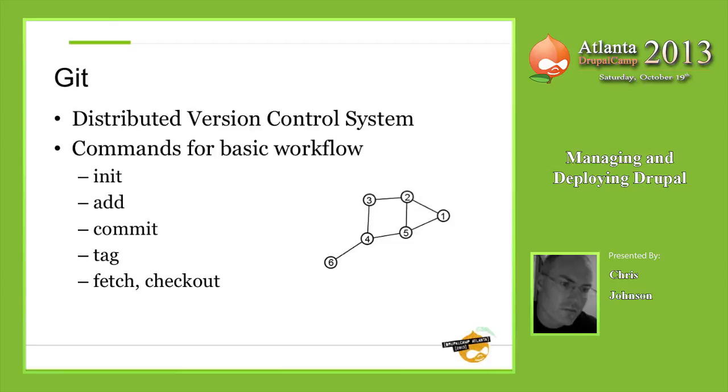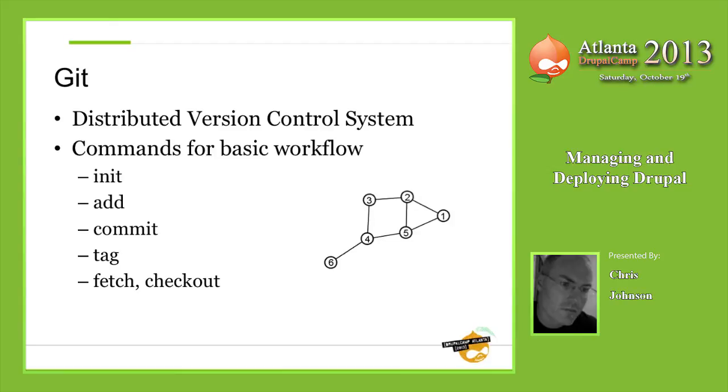It is the canonical master copy, and anytime you want to do anything, you interact with the server, right? That's referred to as a centralized version control system, because there's one point of authority.